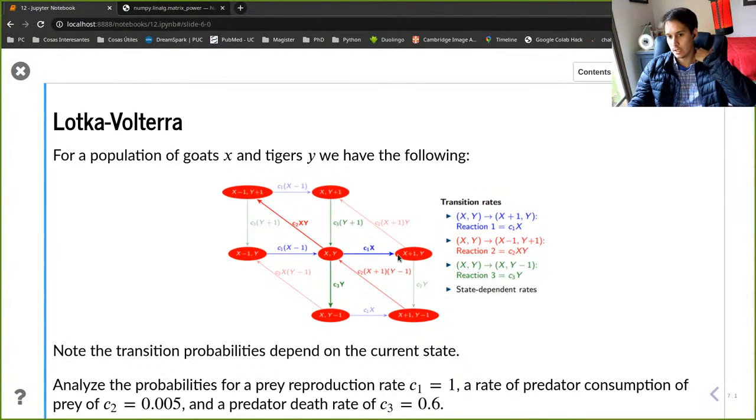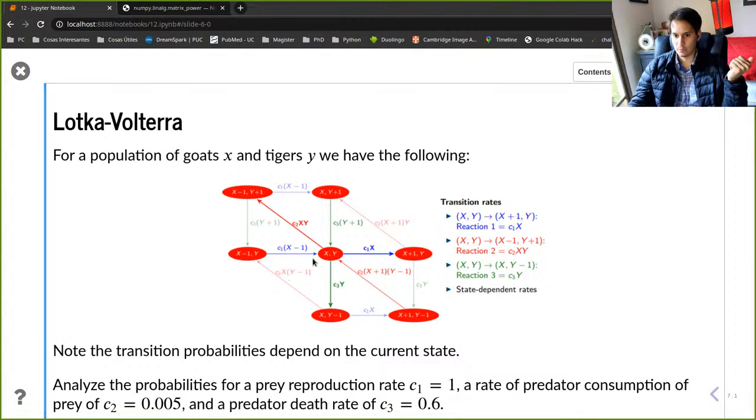Okay, so basically that's a Markov chain because the next state only depends on the current state. But previously we only saw the arrows with probabilities that remain the same over time. But now the rates or the probabilities of transitioning from one state to the other depend on the current state. That is the number of prey and the number of predators.